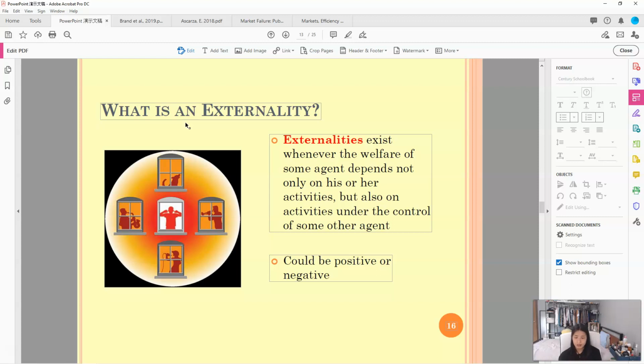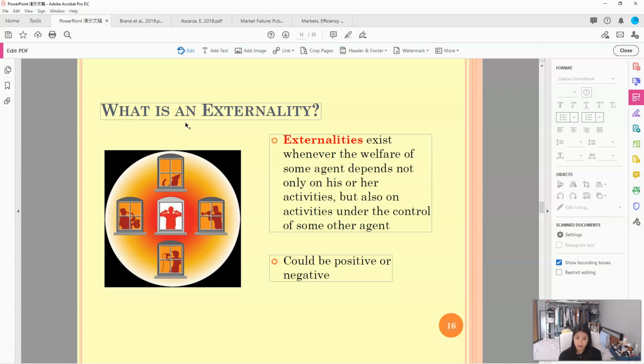What is an externality? An externality exists when the welfare of some agents depends not only on his or her activity, but also on activity under the control of some other agents. For example, I'm recording a video right now, right? That's my activity.